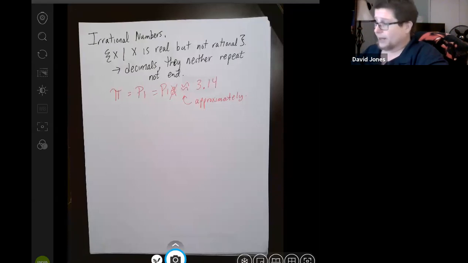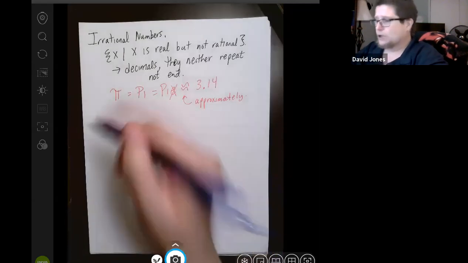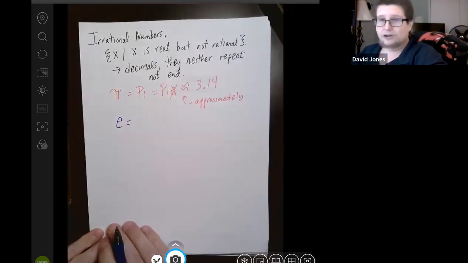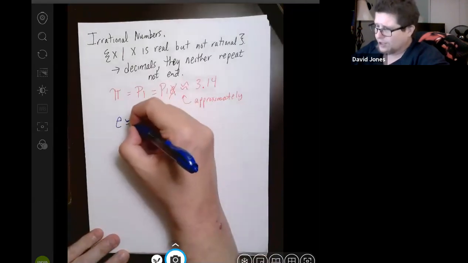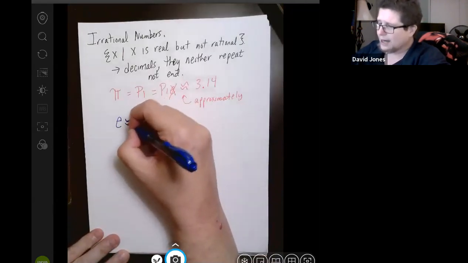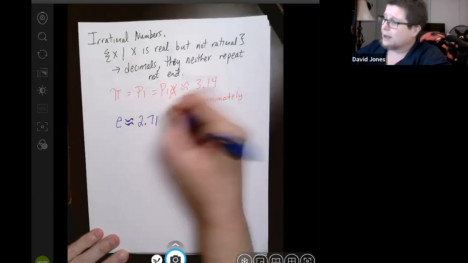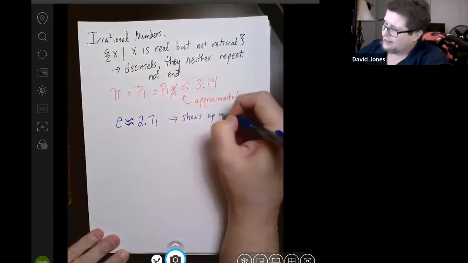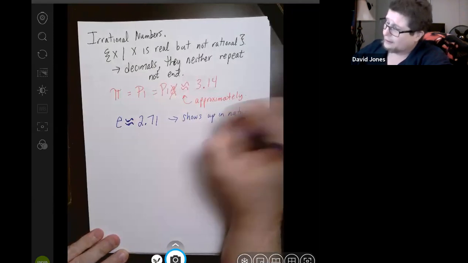Another famous one that you may not be aware of, we actually use the letter E, the English or American letter E. I better change that to approximately. It's approximately 2.71. This shows up in nature a lot.